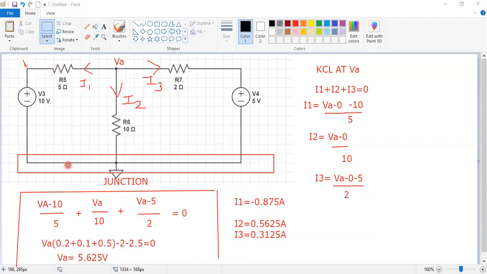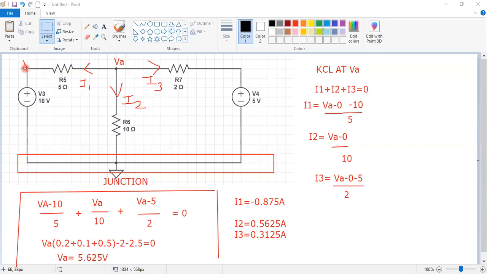There's no problem here because in the exam they will ask you only the magnitude. They never consider plus and minus. The minus sign only indicates that the branch current direction I took is wrong. If I had taken it the other way, the answer would be plus. So there is no problem with minus or plus.